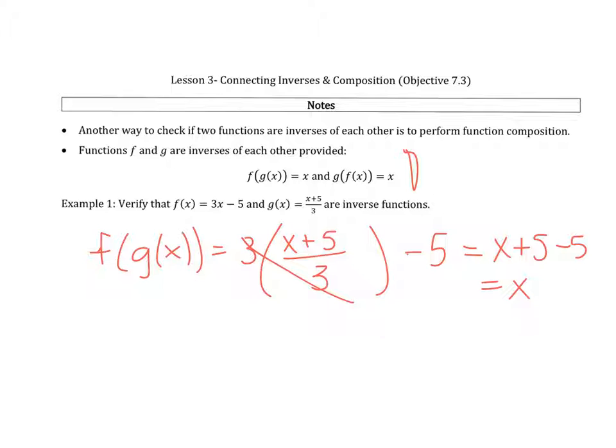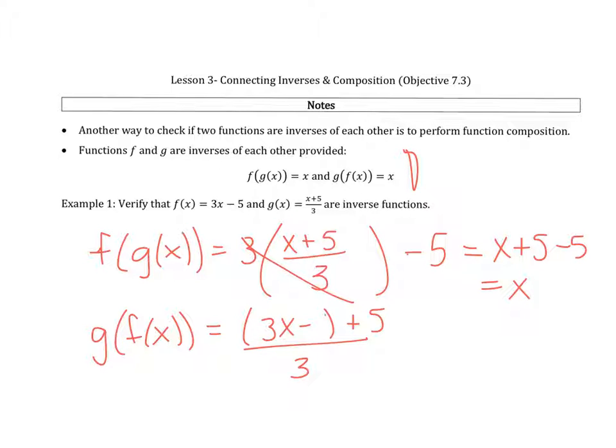If you got something other than x, I would check your work, but if it is not equal to x, you can quickly say these functions are not inverses. In order to say that they are inverses, we have to do g of f of x. So I'm going to rewrite g, but in place of x, I'm going to put a set of parentheses, 3x minus 5. So I have 3x minus 5 plus 5 on top, and so those 5's are going to cancel each other out.